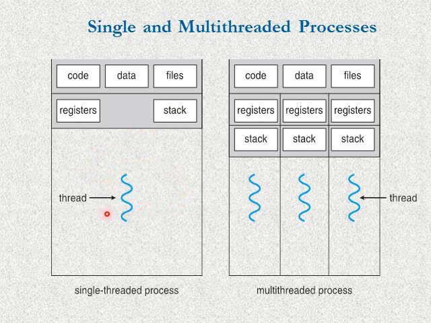So this is an overview of a process that is single threaded. However, if we have a multi-threaded process, the code, data and files remain the same, while the registers and stack are independent for each of the threads.